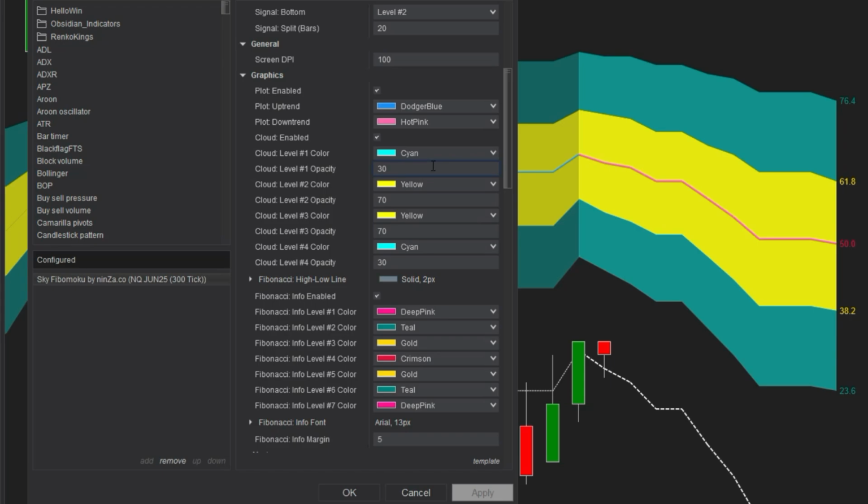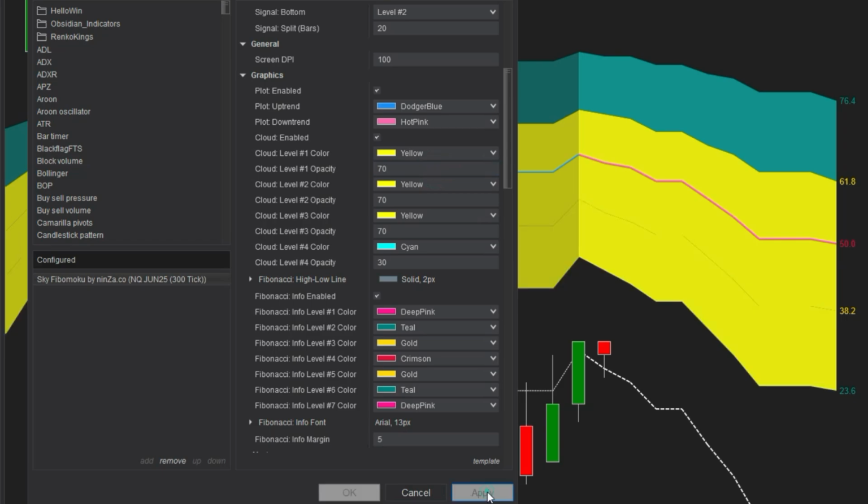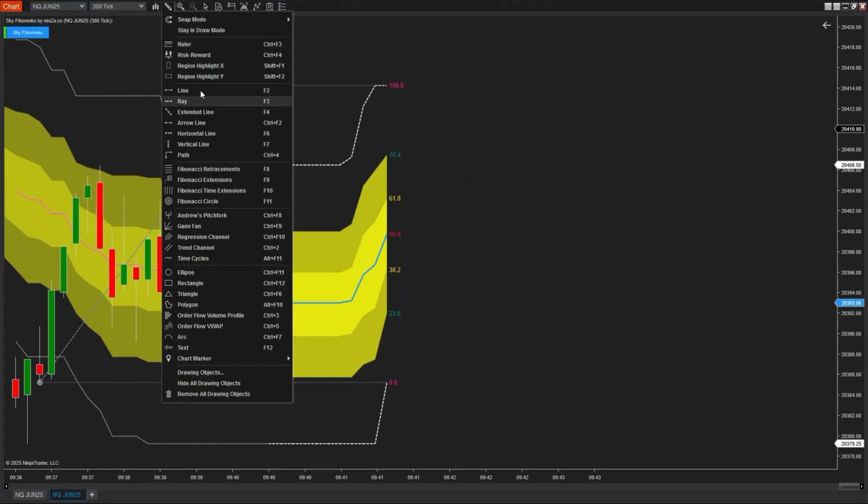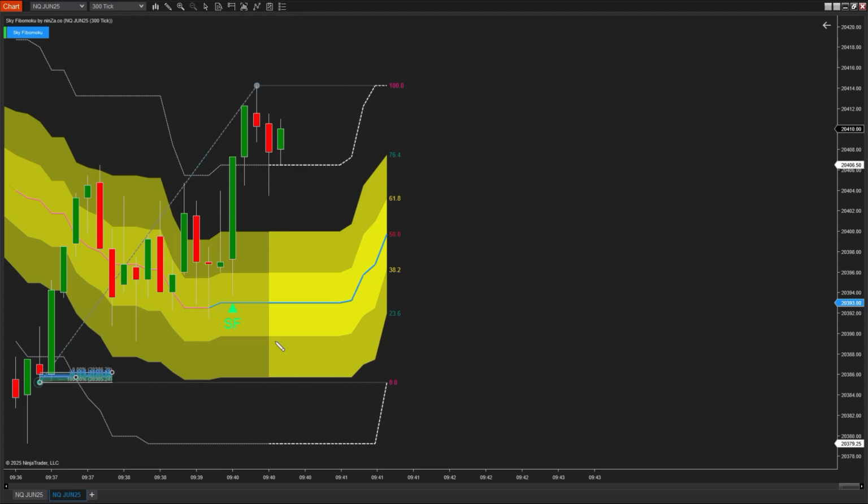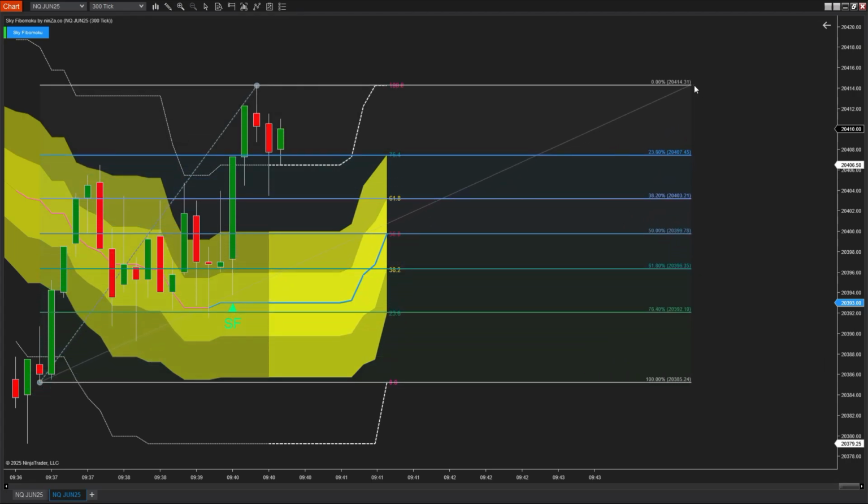If you prefer to enter early and take advantage of quick reactions at the 23.6% level, you can widen your signal range. On the other hand, if you'd rather focus on deeper pullbacks with higher probability, you can stick to the 38.2%-61.8% zone or fine-tune it based on current market conditions.